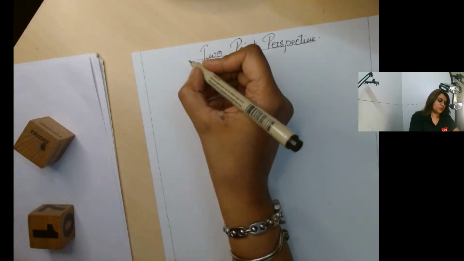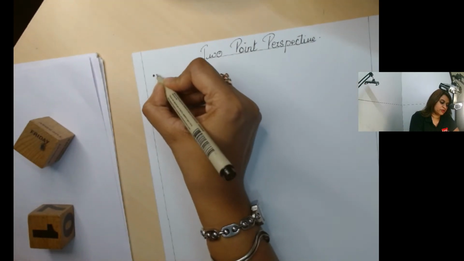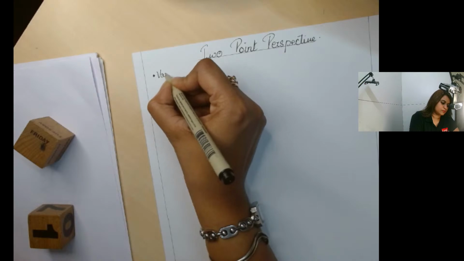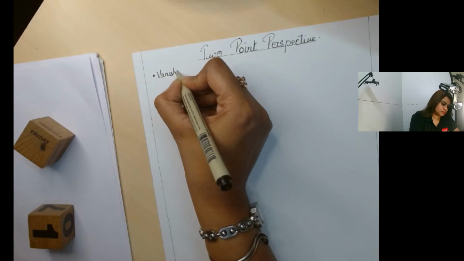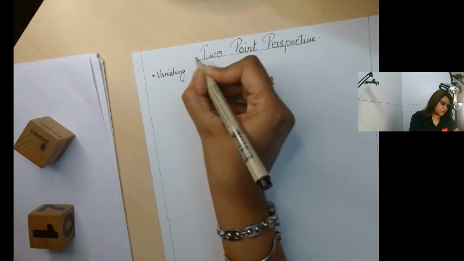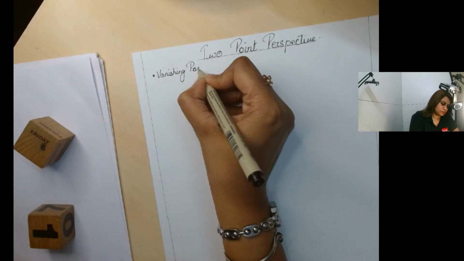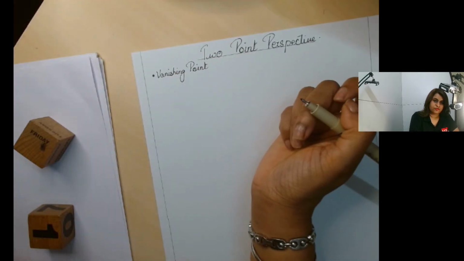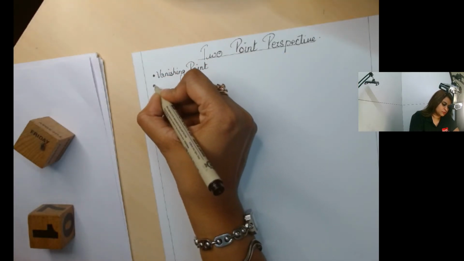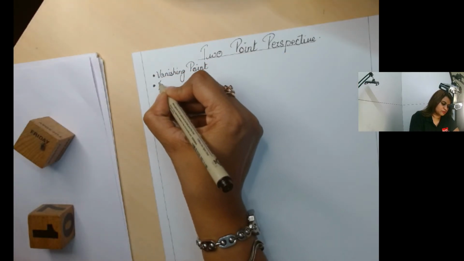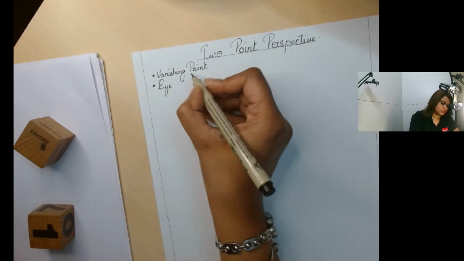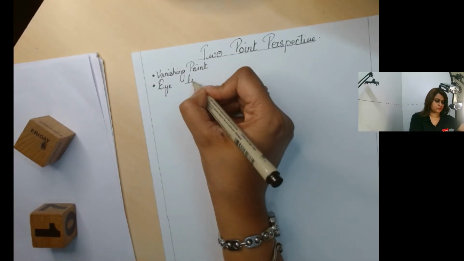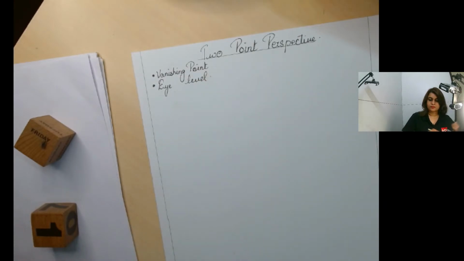The two components are the vanishing point and eye level.